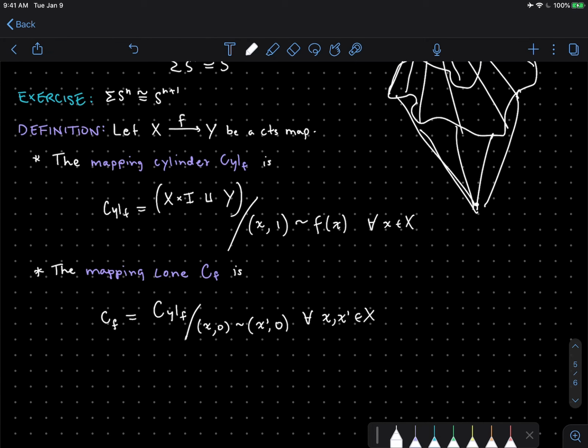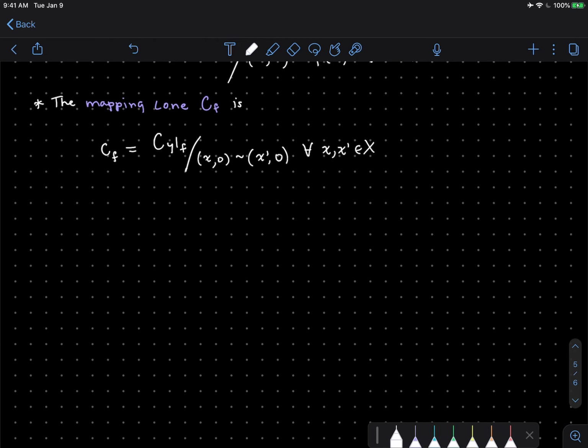So if we have a pretty straightforward map, let's give an example. Where our map f is going to be S1 including into R2, then our cylinder, Cyl_f, what's that going to look like?